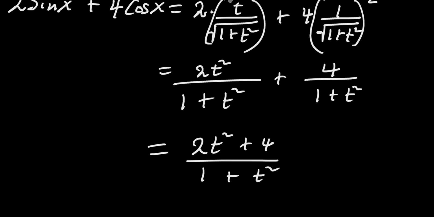So 2 sine squared x plus 4 cos squared x is equal to this.